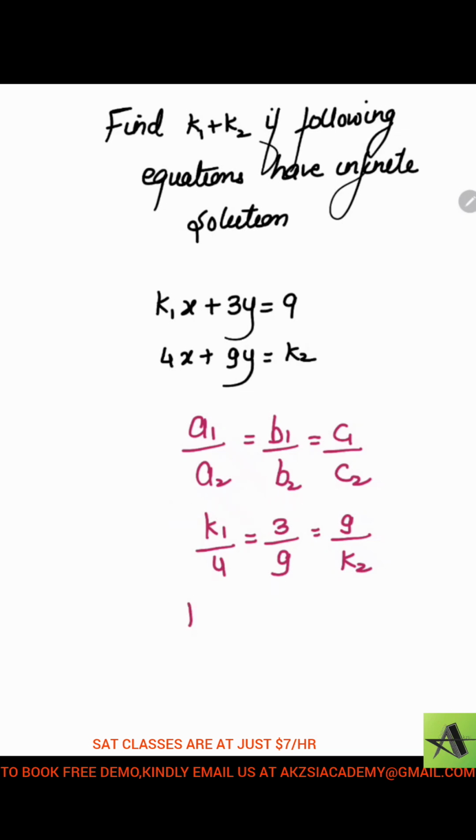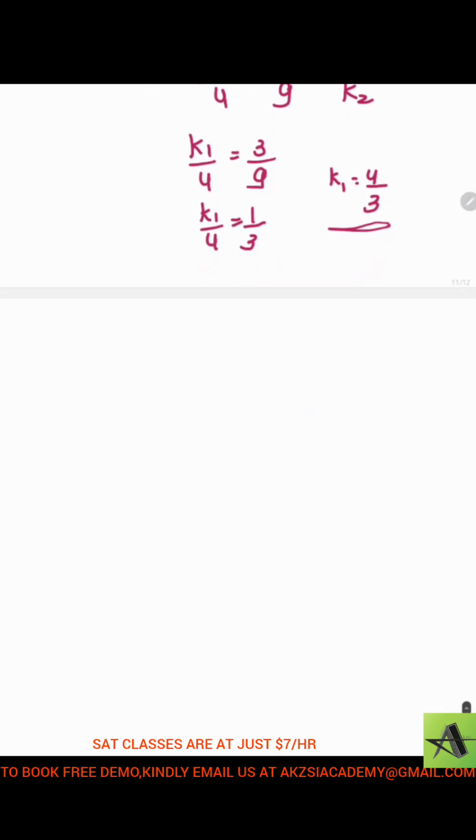So I'm just equating k1 over 4 equals 3 over 9, which is k1 over 4 equals 1 over 3, or k1 is equal to 4 over 3. This is the value of k1. Now moving on to k2, same, I'm just now equating these two.